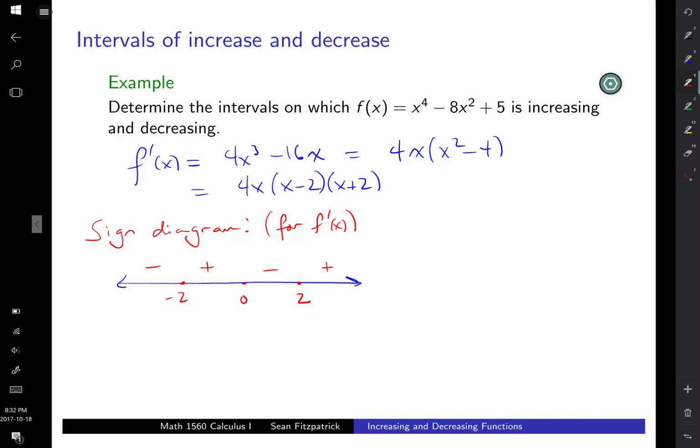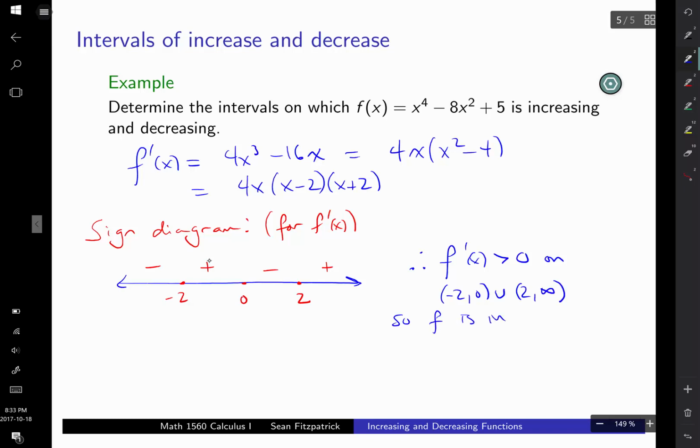And so now we can use this result about the sign of the derivative telling us whether our function is increasing or decreasing, and we can simply conclude that f prime of x is positive, well, where is it positive? From -2 to 0, and then from 2 to infinity. So this is where f is increasing. f is increasing on these intervals, from -2 to 0, and from 2 to infinity.